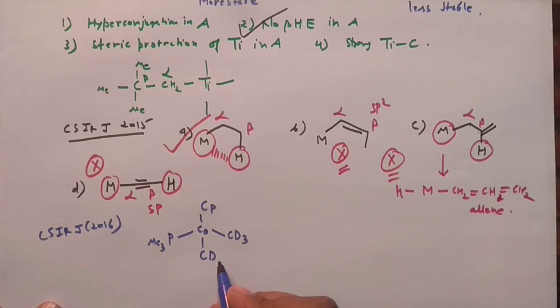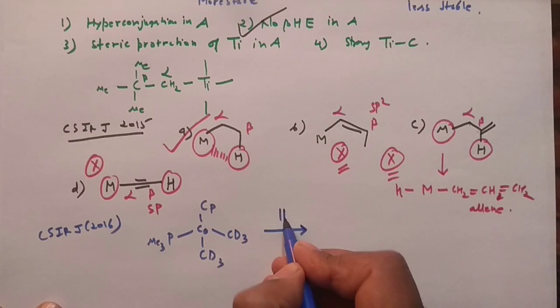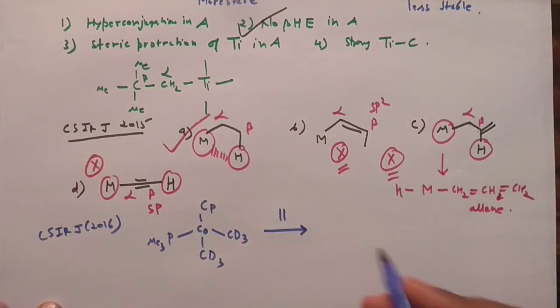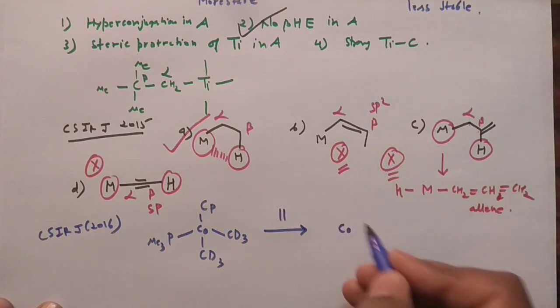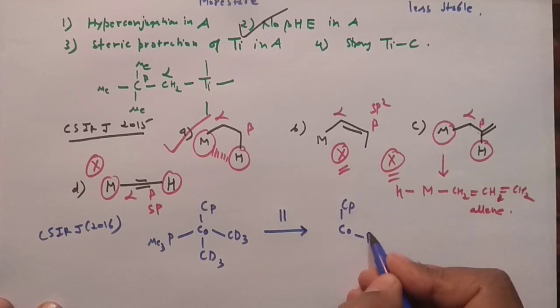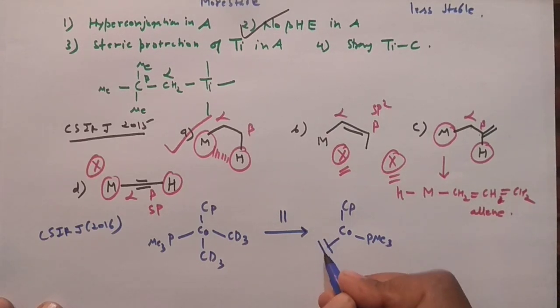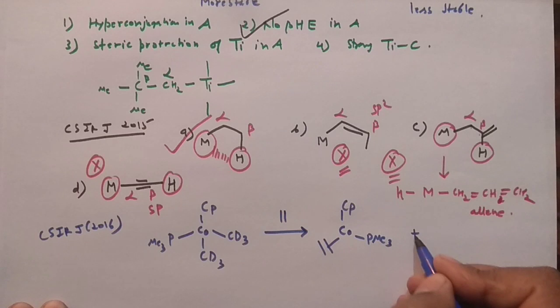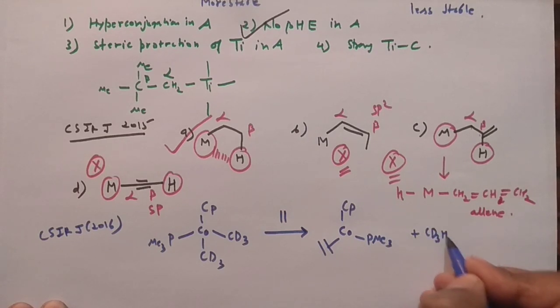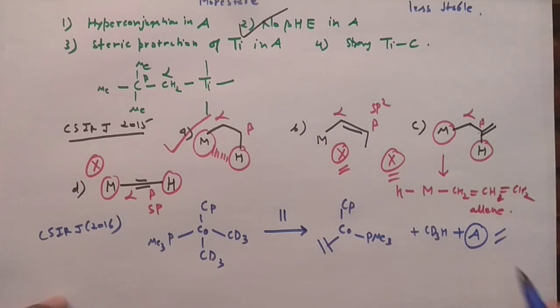So you have this question, and it is reacting with the alkene. I can put this alkene over there, and they have given you the product already, that is Cp, and PMe3 is here, and your alkene part is there, and they have removed the CD3H and also A, and you have to find A. What is the species A here?